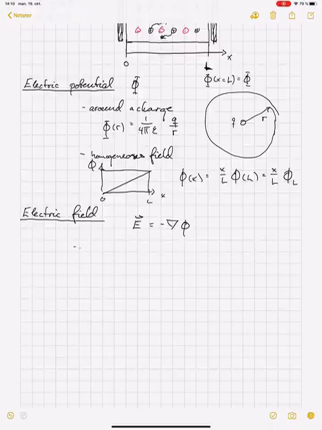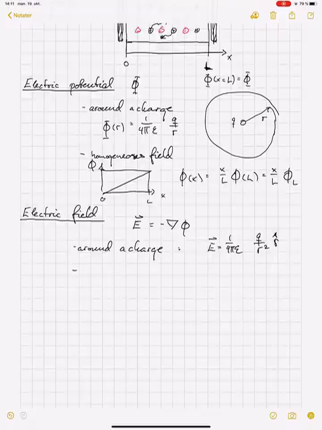So around a charge, it'll be 1 over 4 pi epsilon as before, q over r squared, and then times the unit vector outwards.